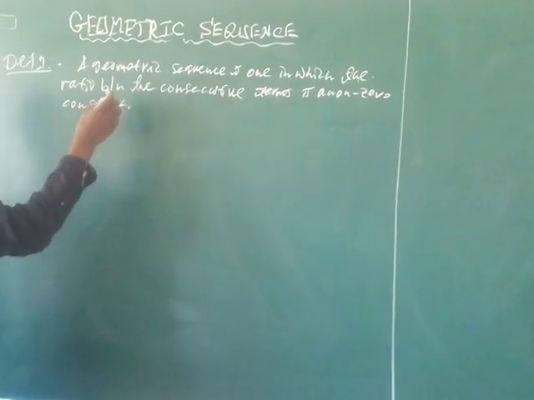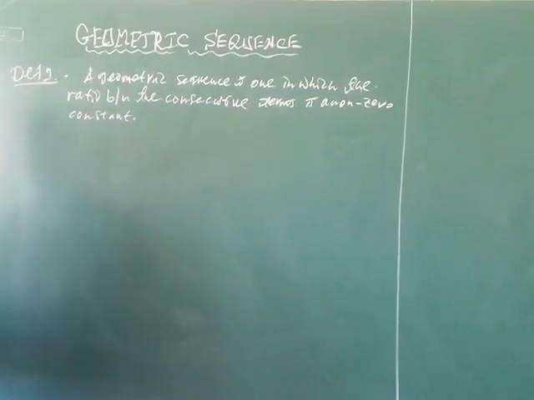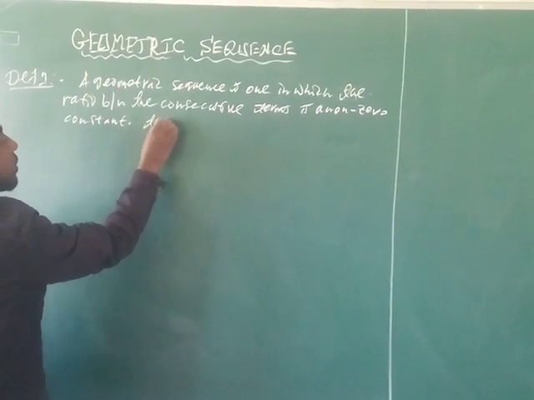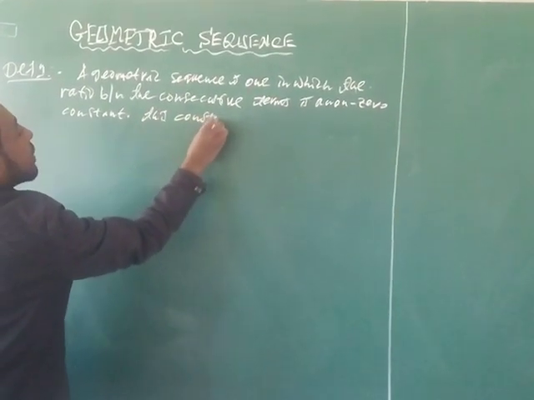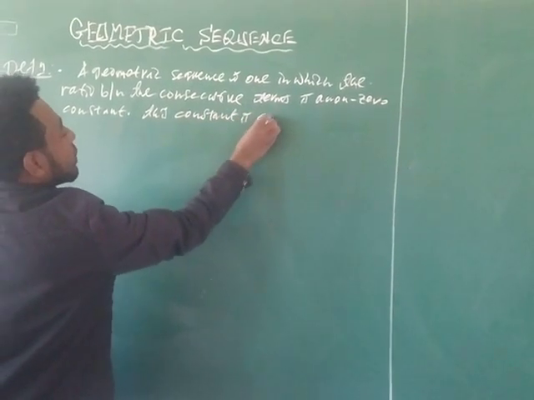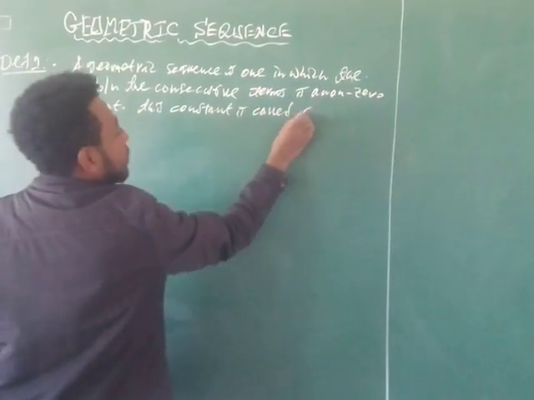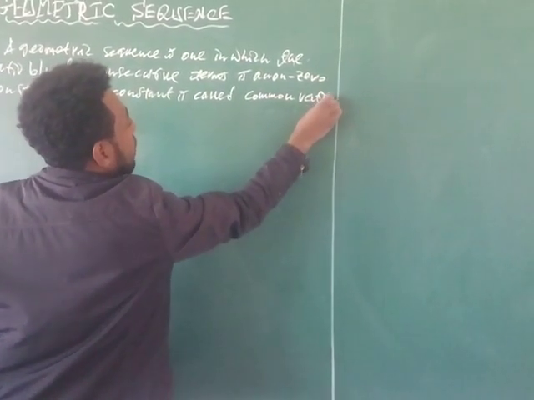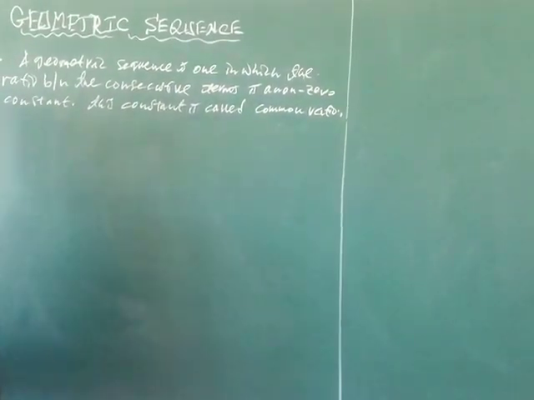So we say that such a type of sequence is what we call geometric. This constant is called the common ratio. That is what we call the common ratio.